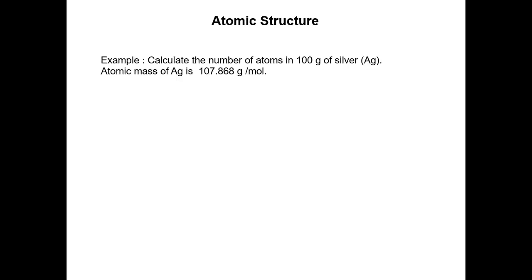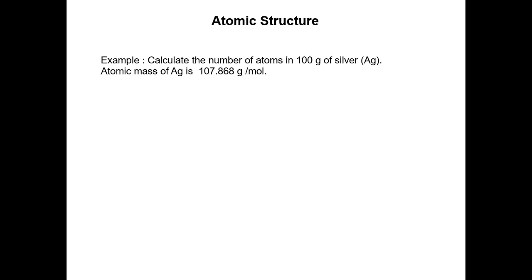1 mole is an Avogadro number of atoms. What is the Avogadro number? 6.022 times 10 to the power 23. So in 1 mole, you have Avogadro number of atoms.